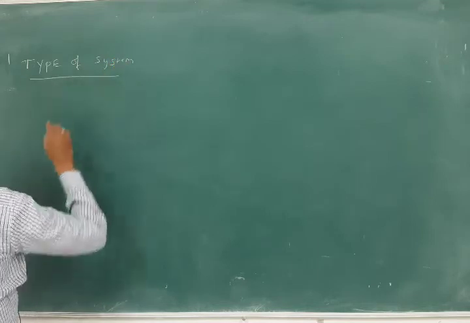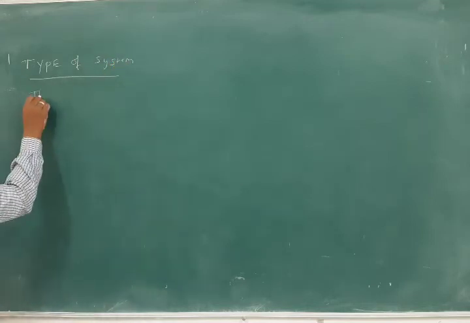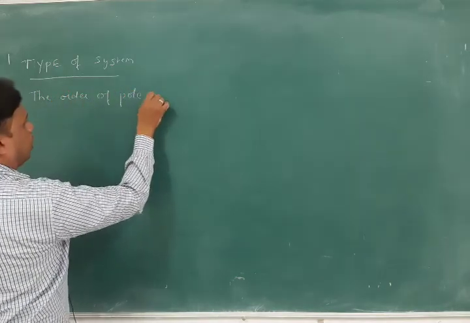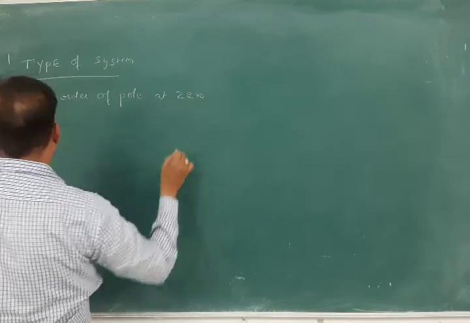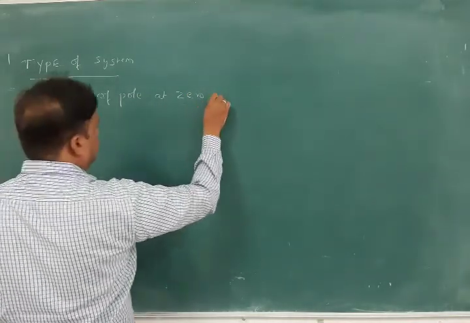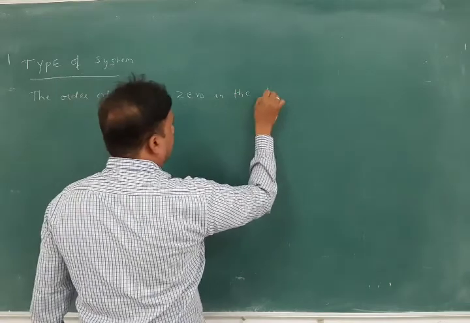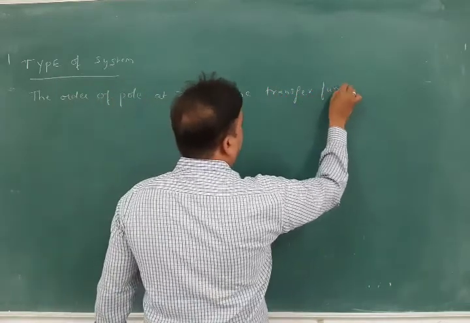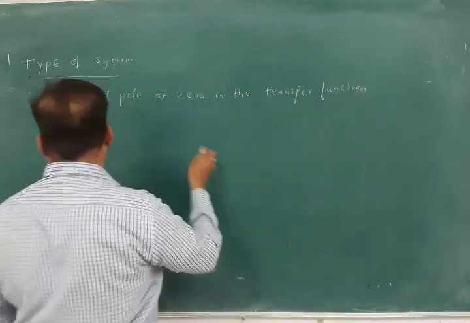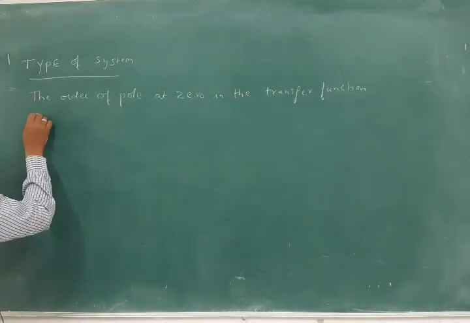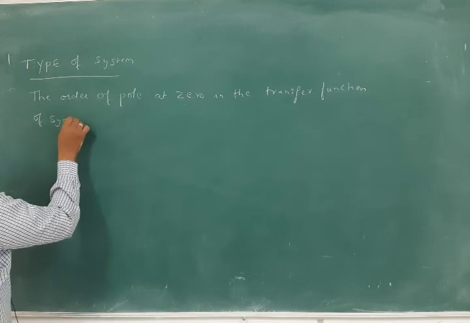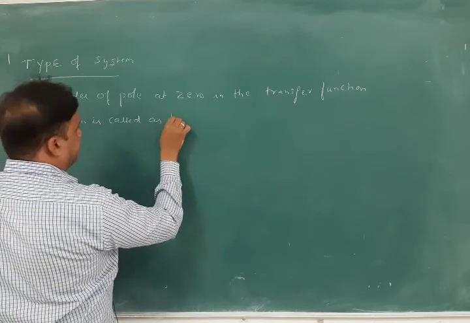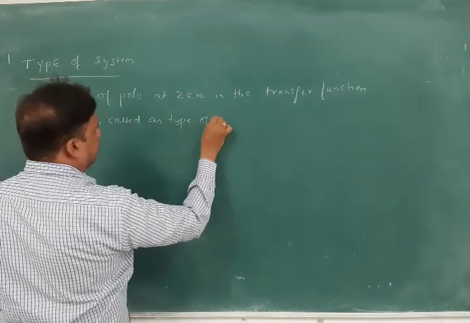So what is the type of system? The order of the pole at 0 in the transfer function of the system is called the type of system.